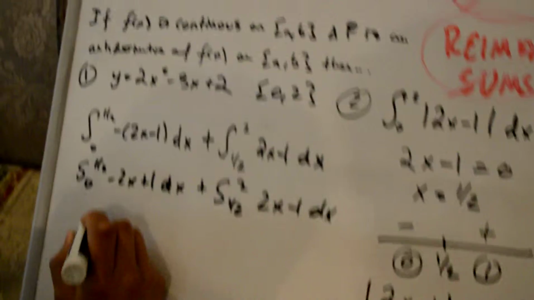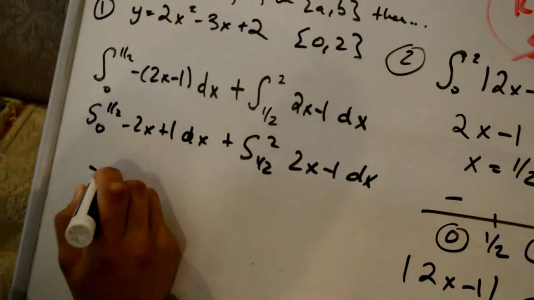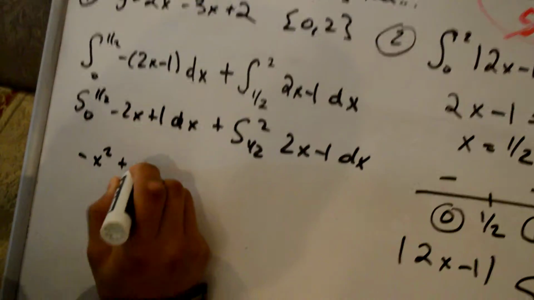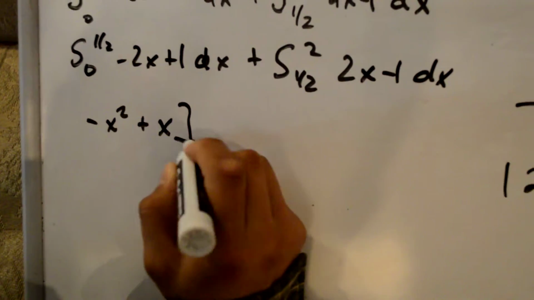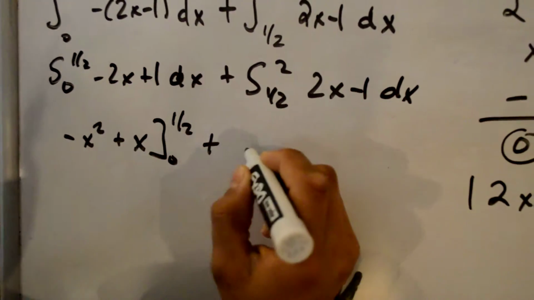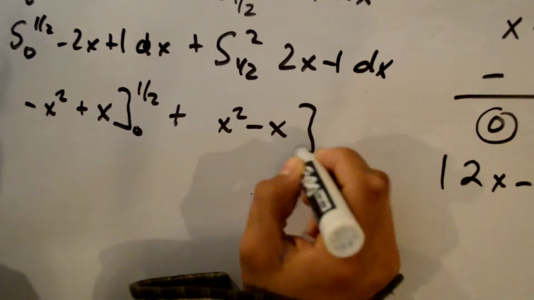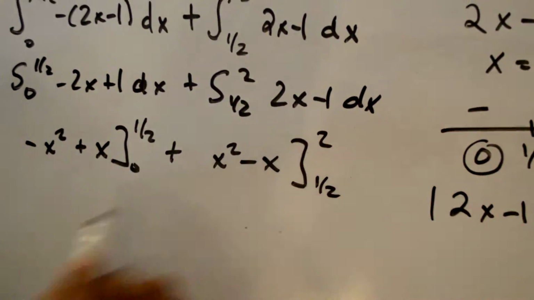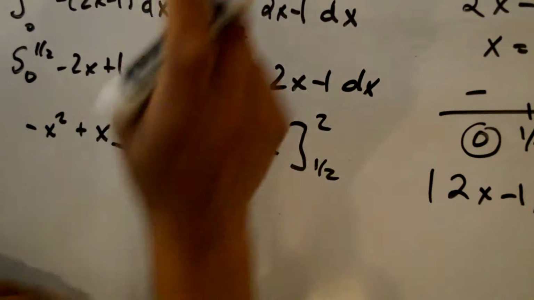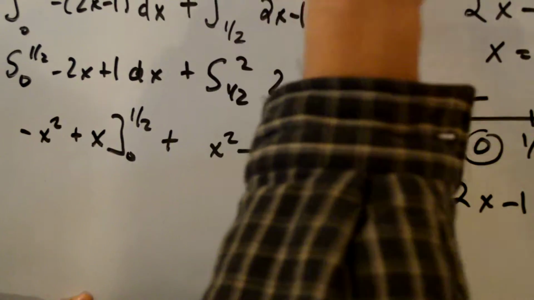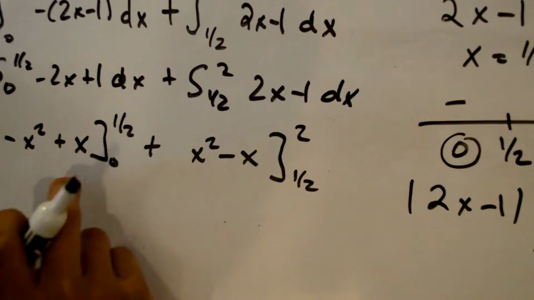All right. So now the antiderivative. That's negative x squared plus x evaluated from 0 to 1/2, plus x squared minus x evaluated from 1/2 to 2. Remember, it's the antiderivative value at b minus the antiderivative value at a. So first I'm just going to work with this.